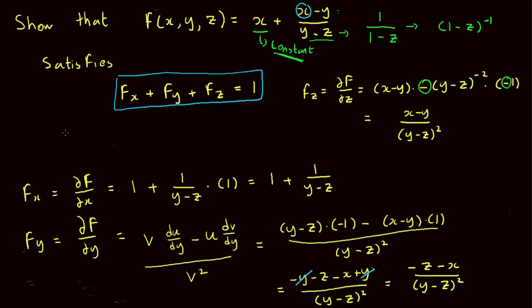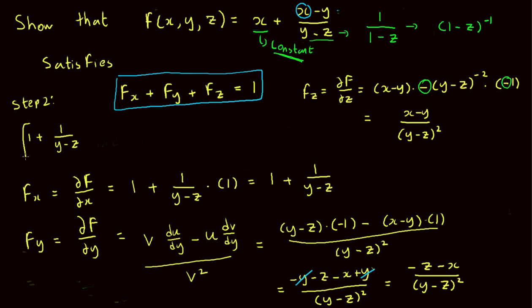Let me rewrite the equation first. So fx, as we know before, is 1 plus 1 over (y minus z). You can see our step 2, where we just have to plug in these values.